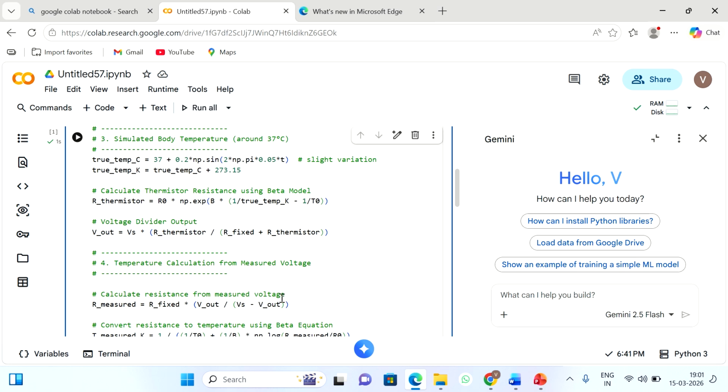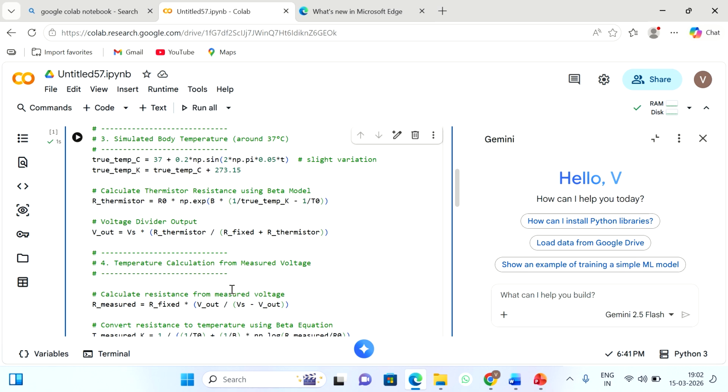Then temperature calculation from measured voltage. So in step 1, we have to find resistance from measured voltage. So R measured equal to R_fixed multiplied by V_out divided by VCC or Vs minus V out. This rearranges the voltage divider formula to calculate the resistance.